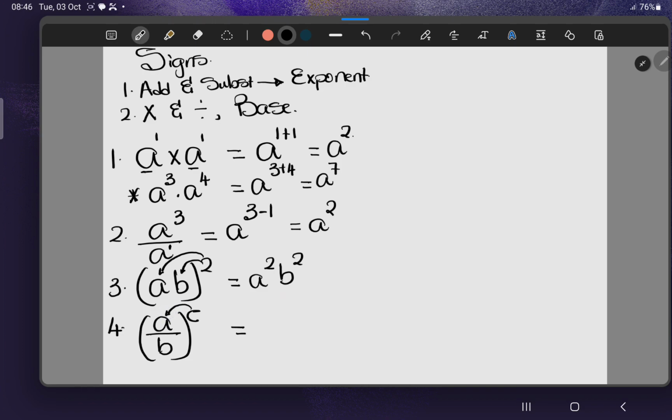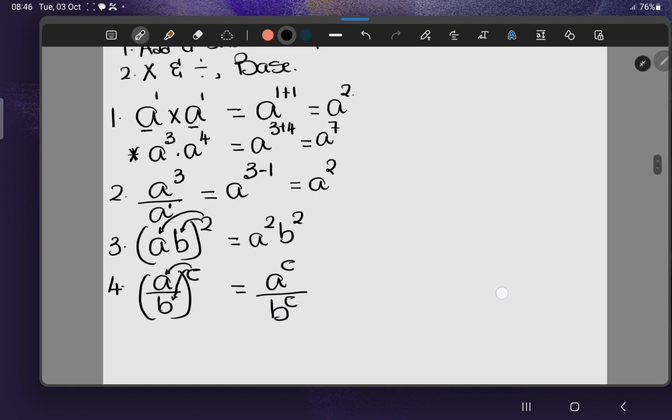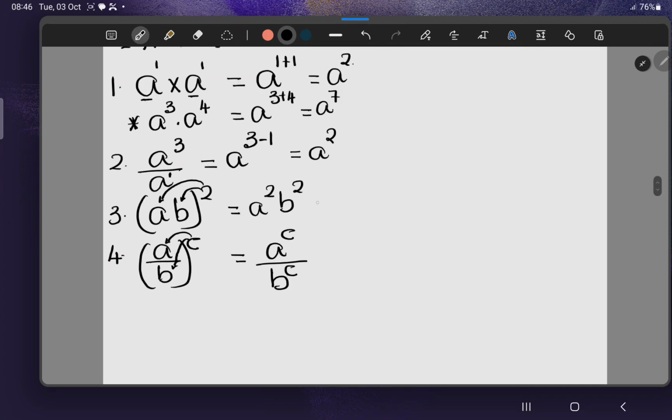Remember there's a 1, so 1 multiplied by c. So that will be a to the c divided by, we take that c again, go down there. So that will be b to the c. Note that we can only apply these two laws in one or in two conditions.